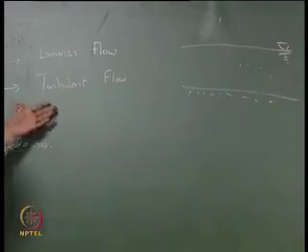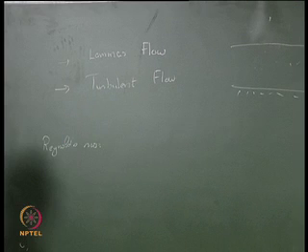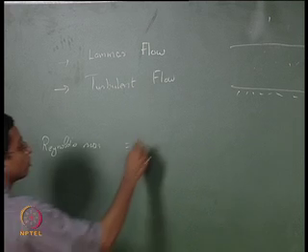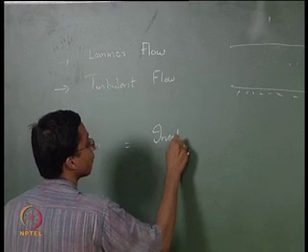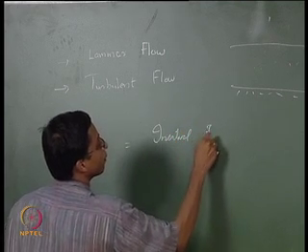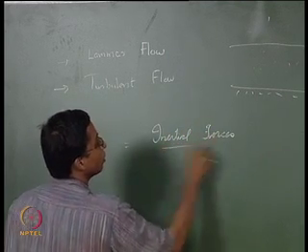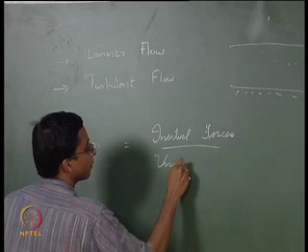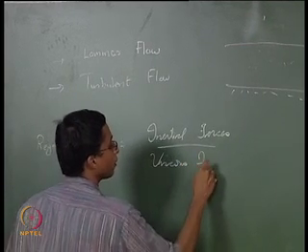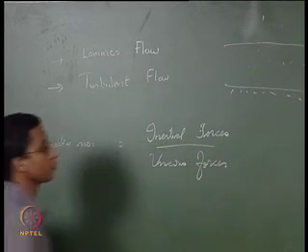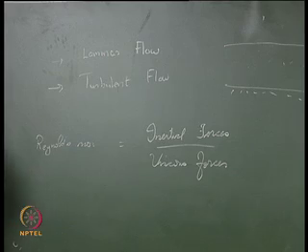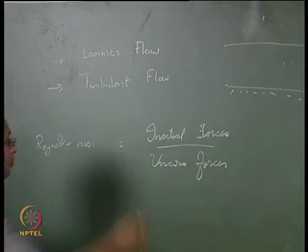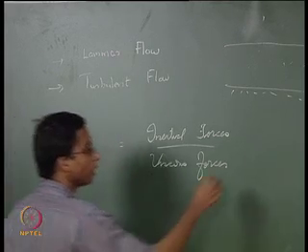Those are turbulent flows. They are defined using Reynolds number. Reynolds number is nothing but the ratio of inertial forces to viscous forces. Based on this ratio, you can obtain Reynolds number.